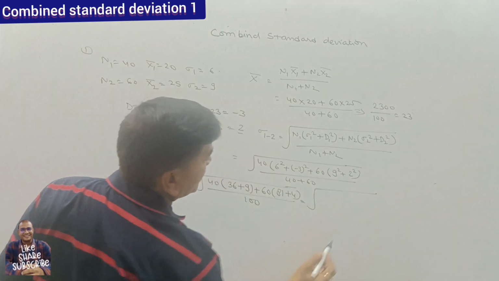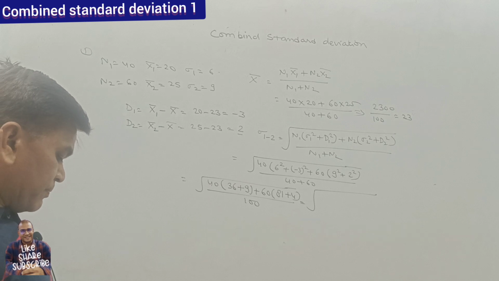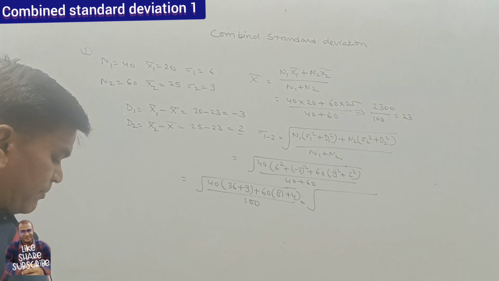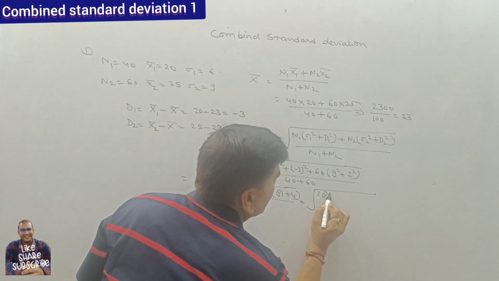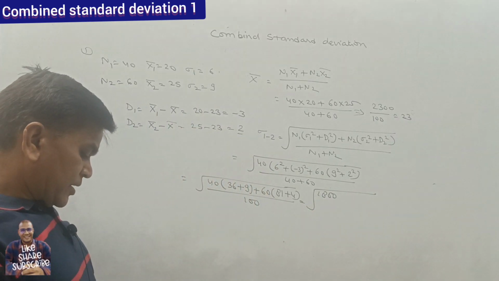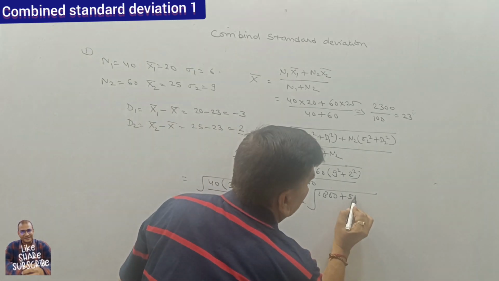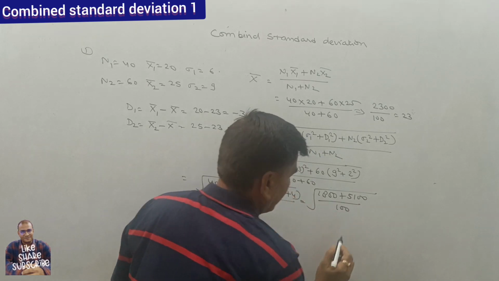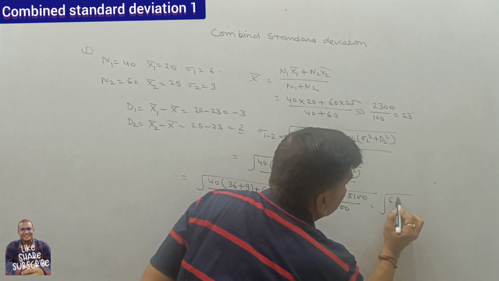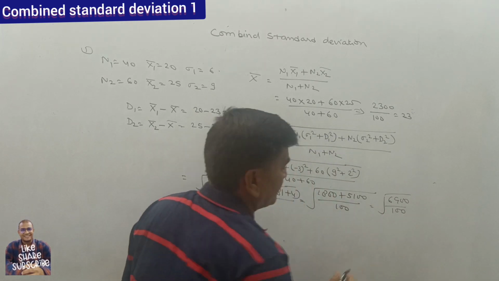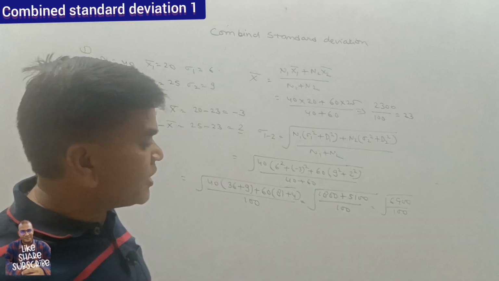So the value will be: 36 plus 9 is 45, multiplied by 40 is 1800. 60 multiplied by 85 is 5100. Total 6900, divided by 100, that is 69. The square root is 8.306.